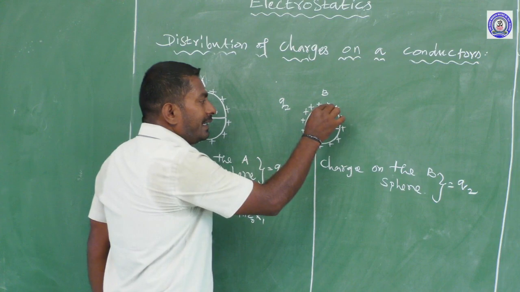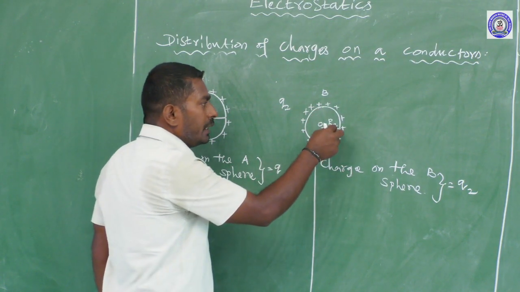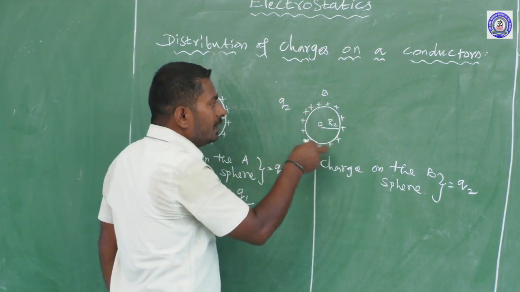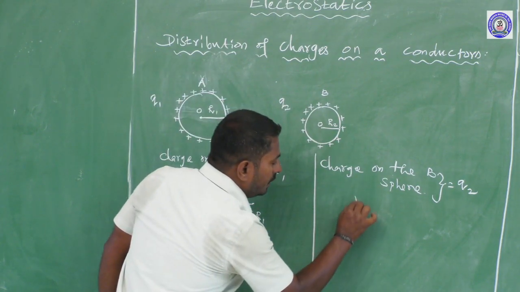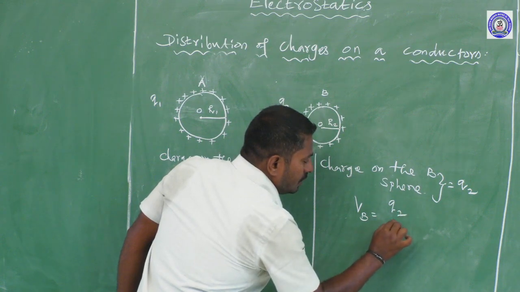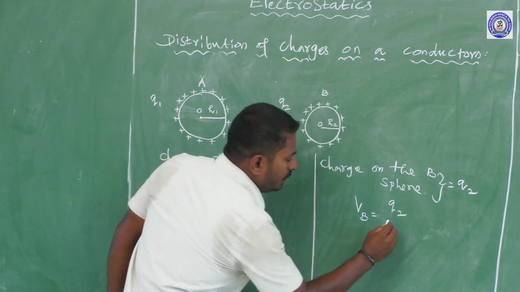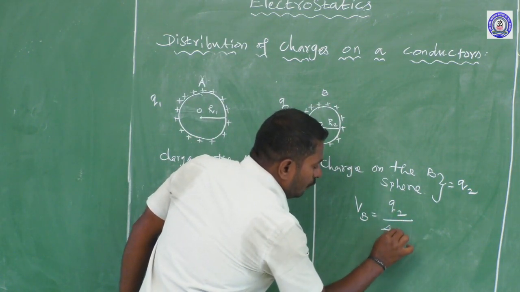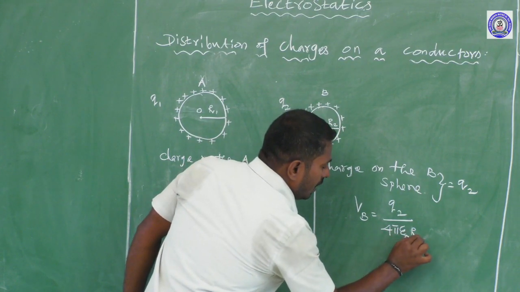What is the electrostatic potential at any point on the surface of the B metallic sphere? VB is equal to Q2 divided by 4 pi epsilon naught R2.